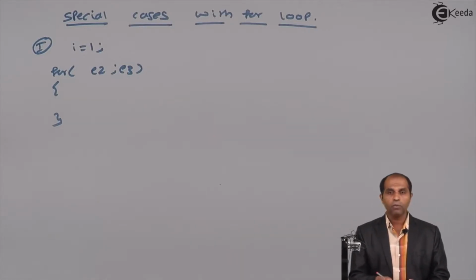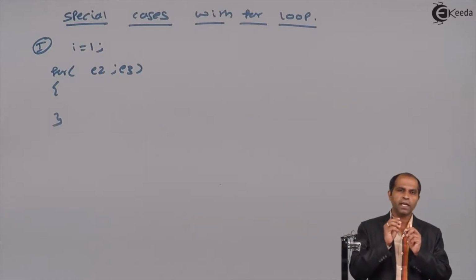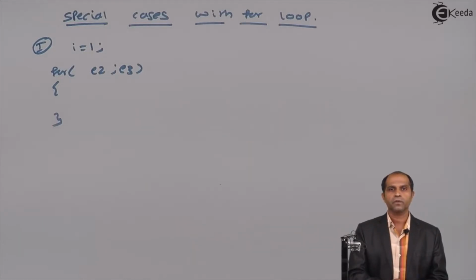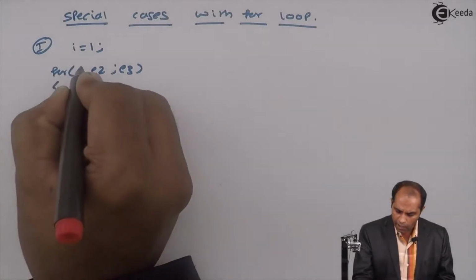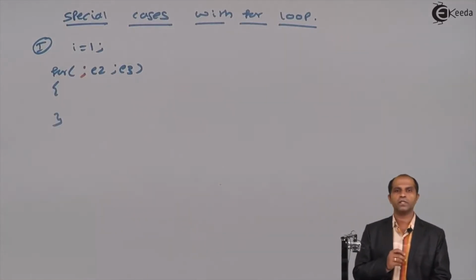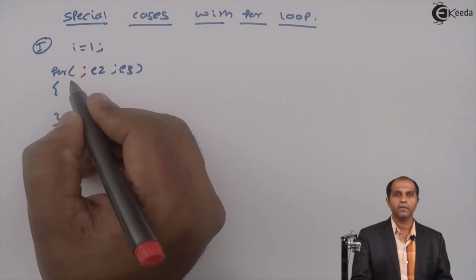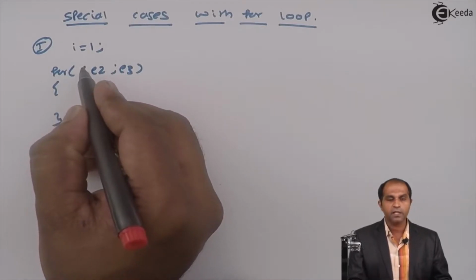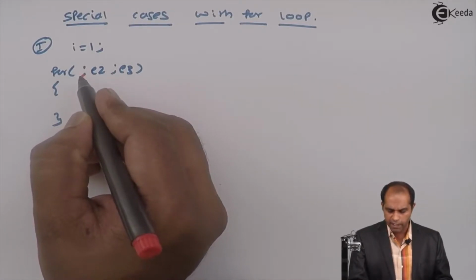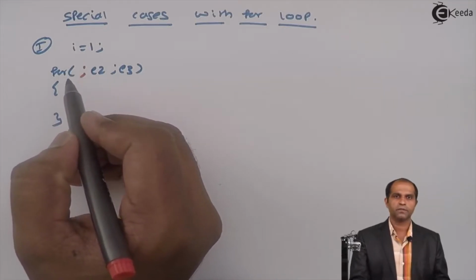So automatically it says that the third expression is missing. Somehow I had to make the compiler understand that E1 has been done at some place. In that case, what I need to do is start the expression E2 with a semicolon itself. When a for loop identifies a semicolon directly, it says that E1 has been done at some place.